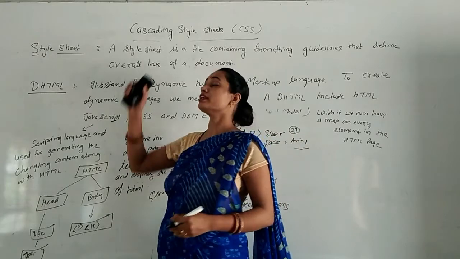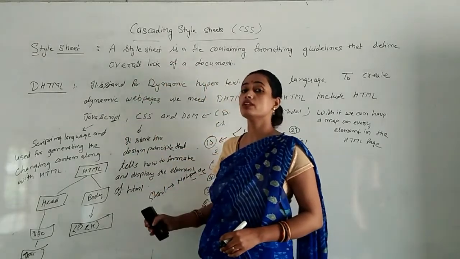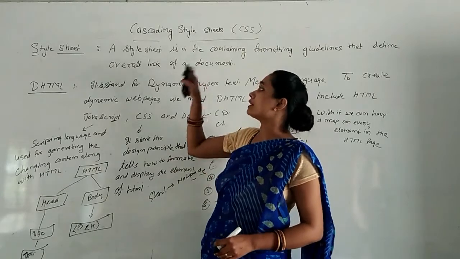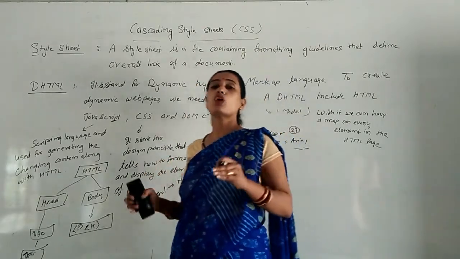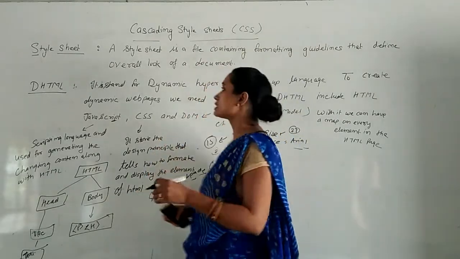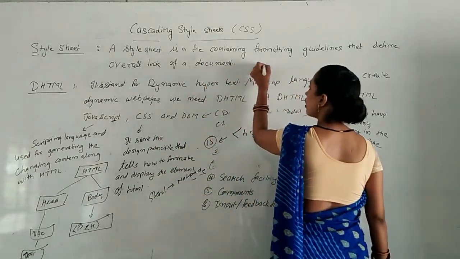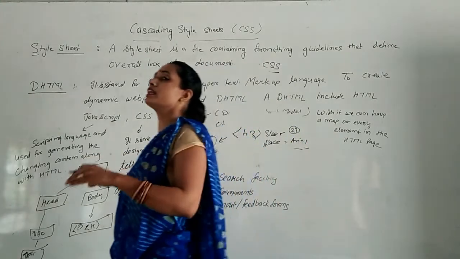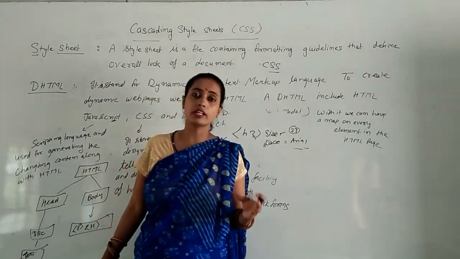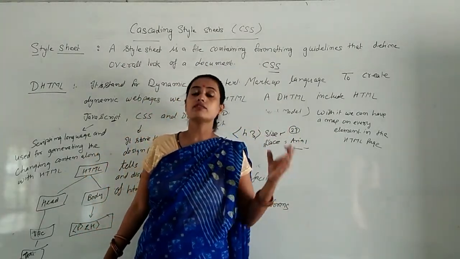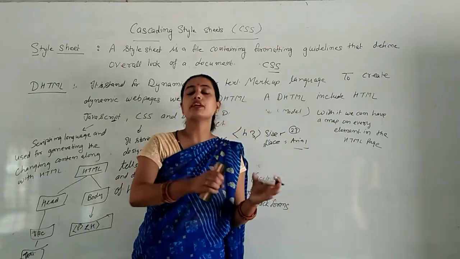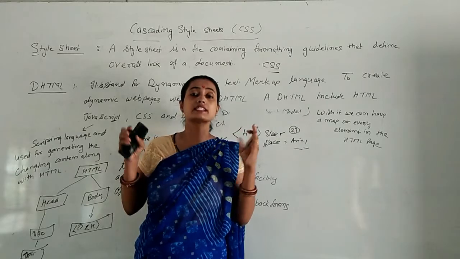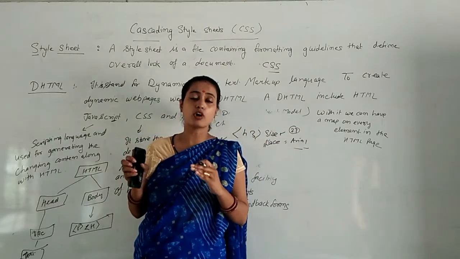All coding related to CSS we will write in Notepad. But in place of saving it as .html, we will save this file as .css. When you save your Notepad file with .css, it is taken as a cascading style sheet format.